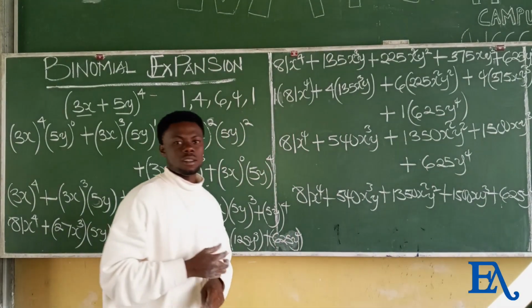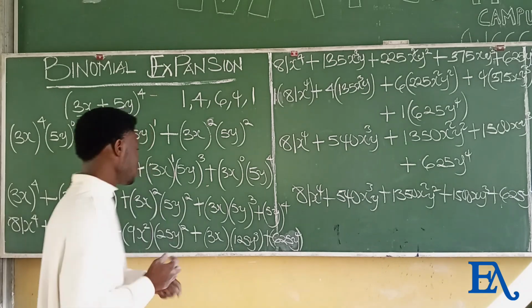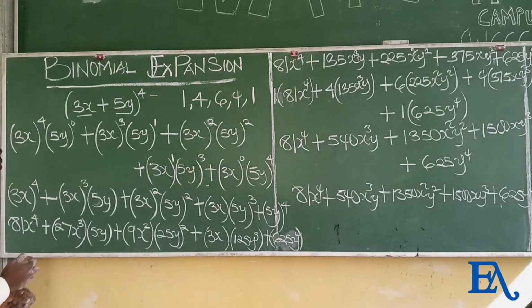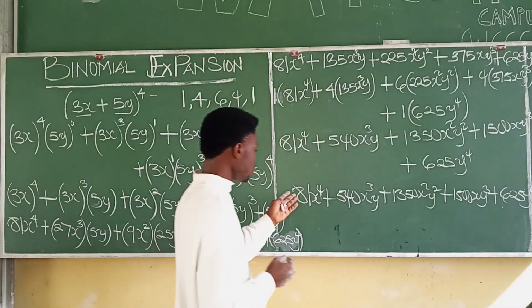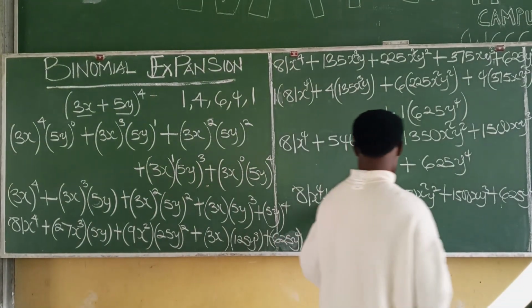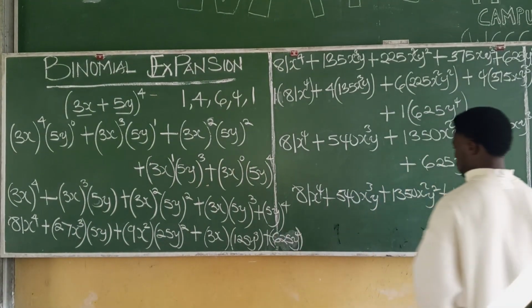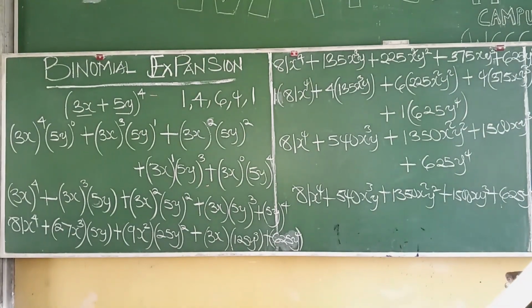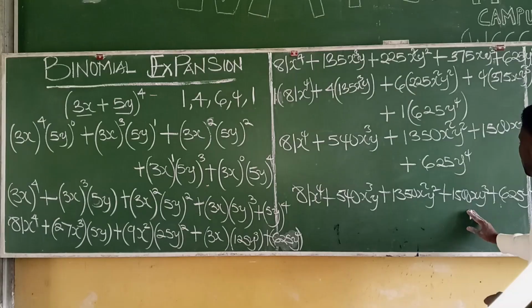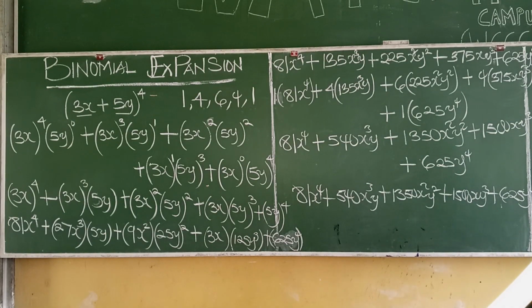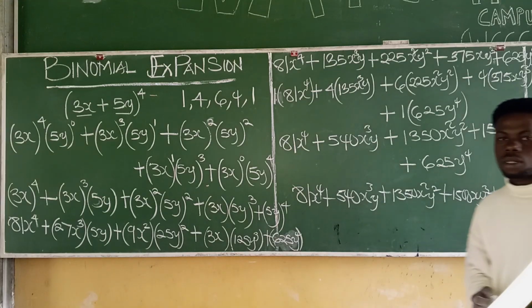Ladies and gentlemen, this is the final result for this expansion. 3x plus 5y all raised to the power of 4 results to 81x raised to the power of 4 plus 540x cubed y plus 1350x squared y squared plus 1500xy cubed plus 625y raised to the power of 4.